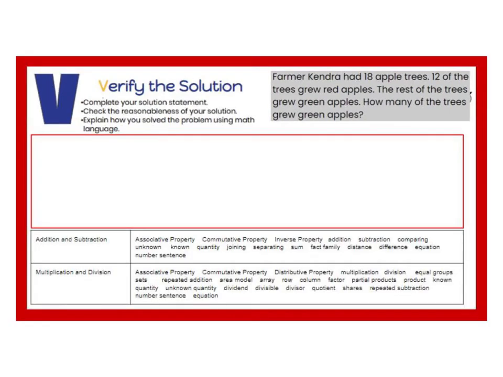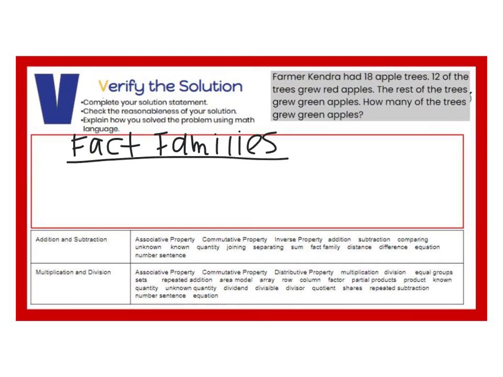So now we have to verify our solution, and so we're going to do that by doing our fact families. Okay, so we started off with our situation equation, which was 18 minus 12 equals something.